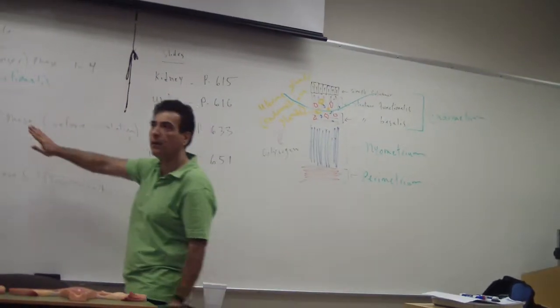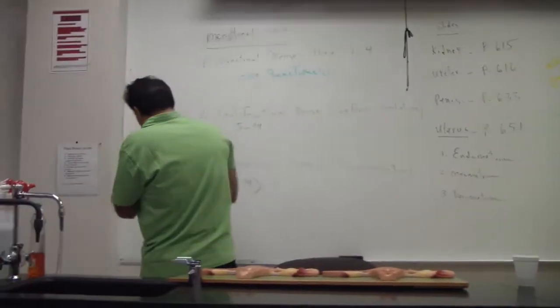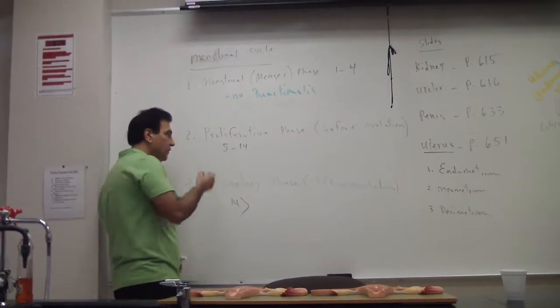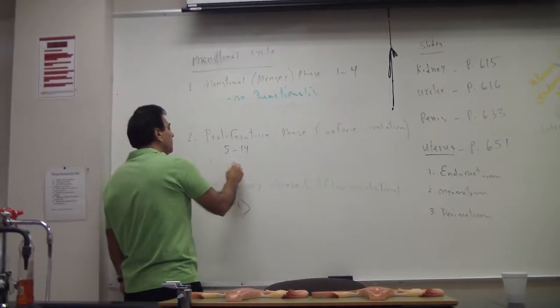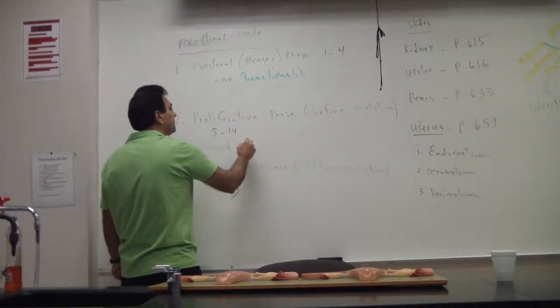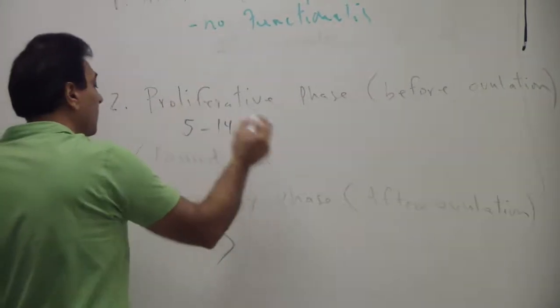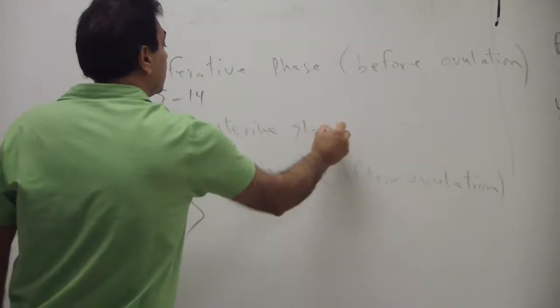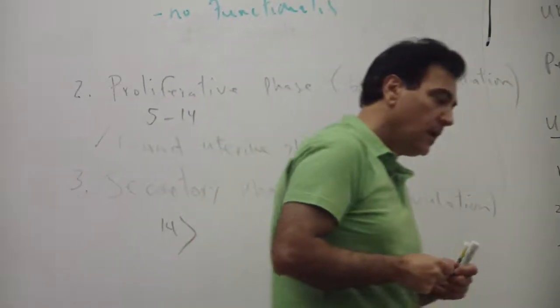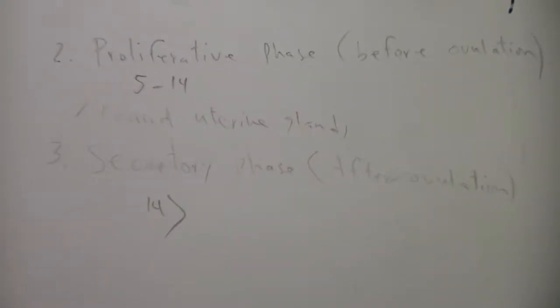When you look at the proliferative phase, those endometrium glands or uterine glands, they're round, nice looking. That's the landmark. The endometrium glands or uterine glands are round, nice looking for most part.